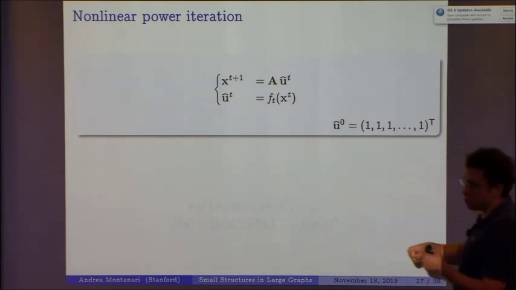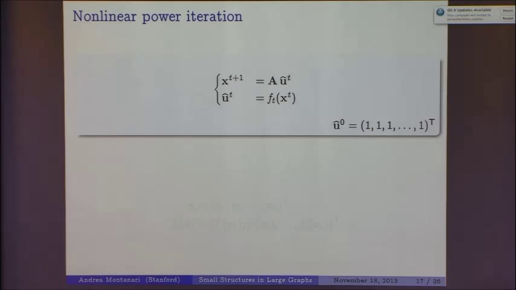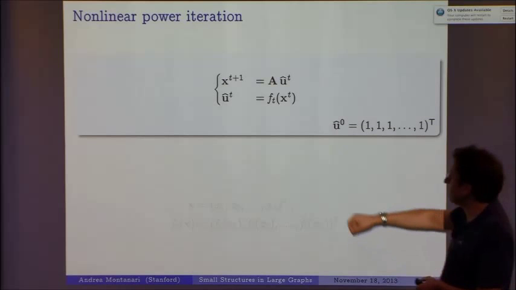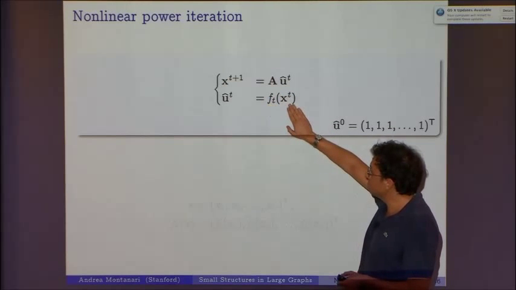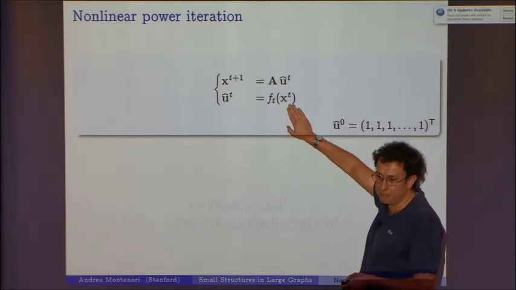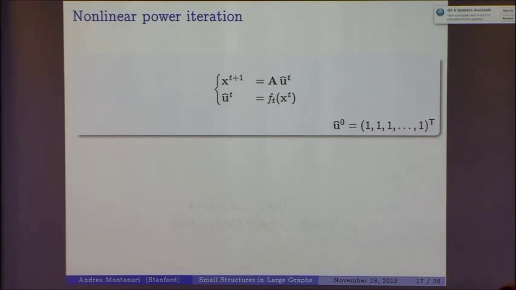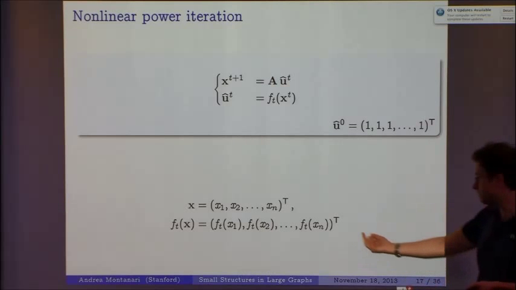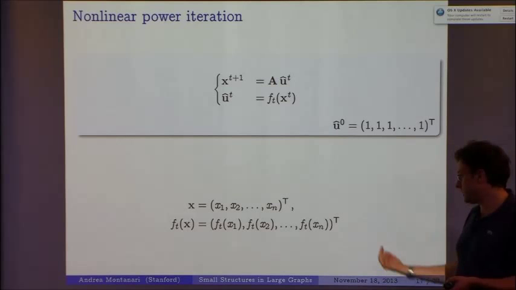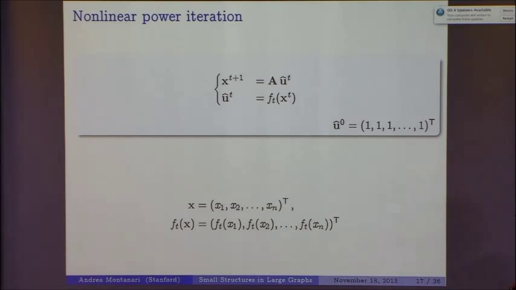So at each iteration, computing the leading eigenvector corresponds to multiplying repeatedly by this adjacency matrix A. Here, what I'm doing is multiplying by A, and then using some nonlinear function to eliminate the excess noise. And here I want to look at a separable nonlinear function that acts component by component.